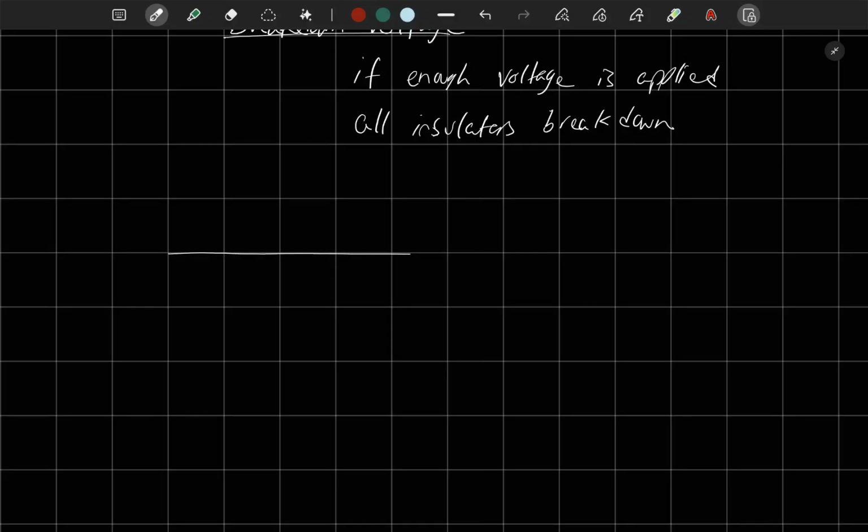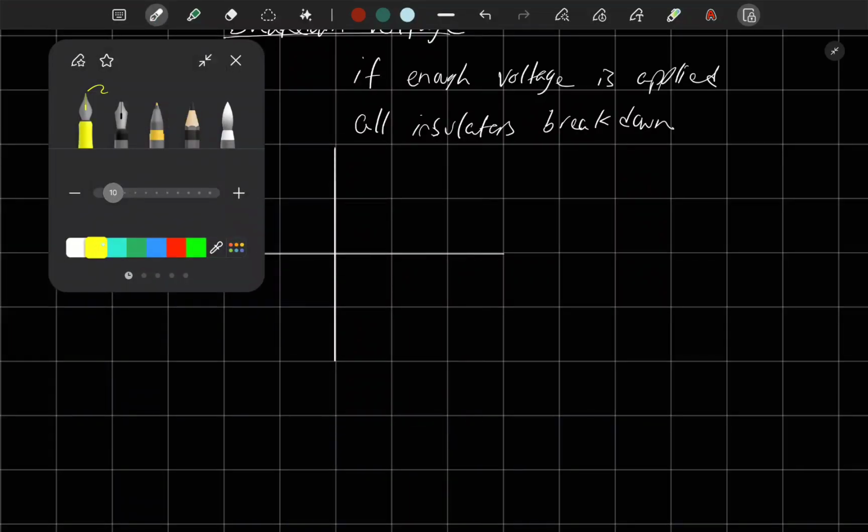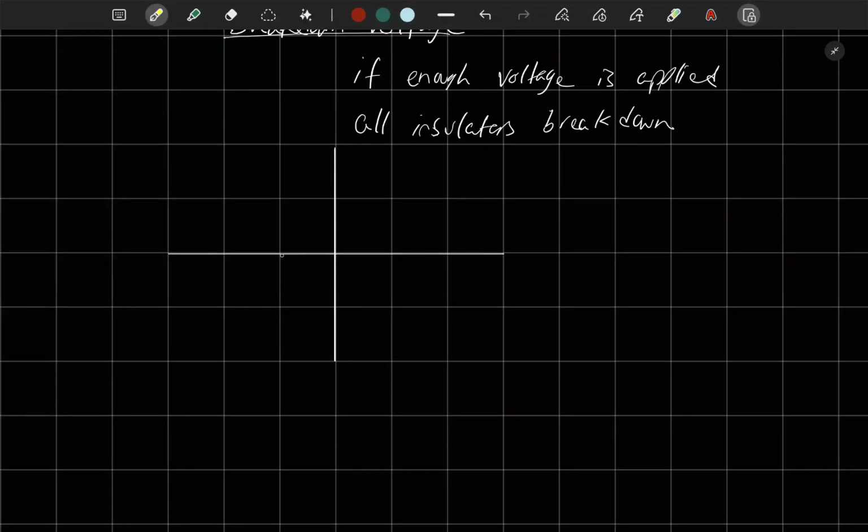Now if we draw a graph by taking the breakdown voltage into consideration, we will have again something like this here, and then we will have the diode voltage, VD, the barrier potential, and then we will have the current.